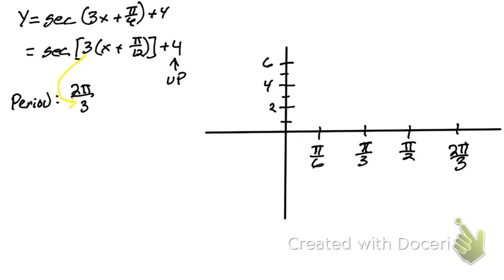Now, cosine usually starts at 1, but now we're actually going to go up 4 units. So our sinusoidal axis would actually be on this 4. And it's okay if I do the shift left also at 1. Tell me if I went too far, I guess. No, you're good. This would be negative pi over 12.